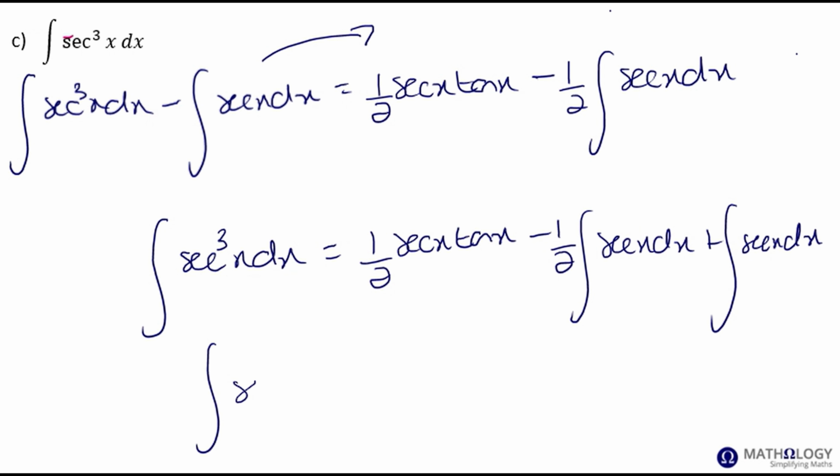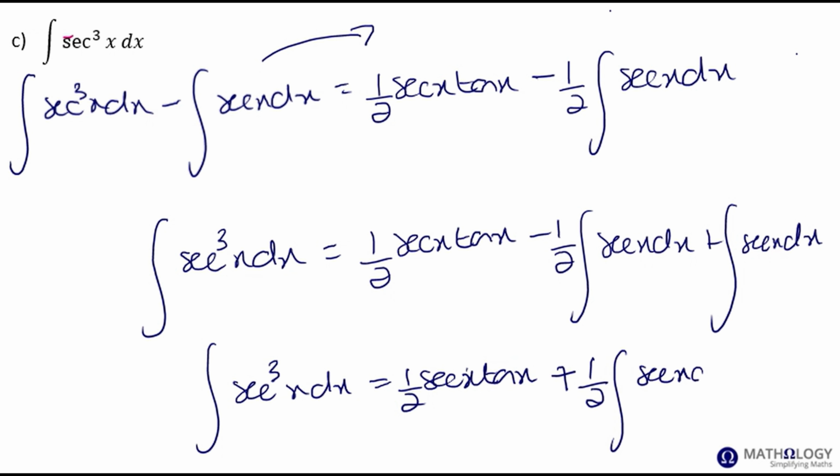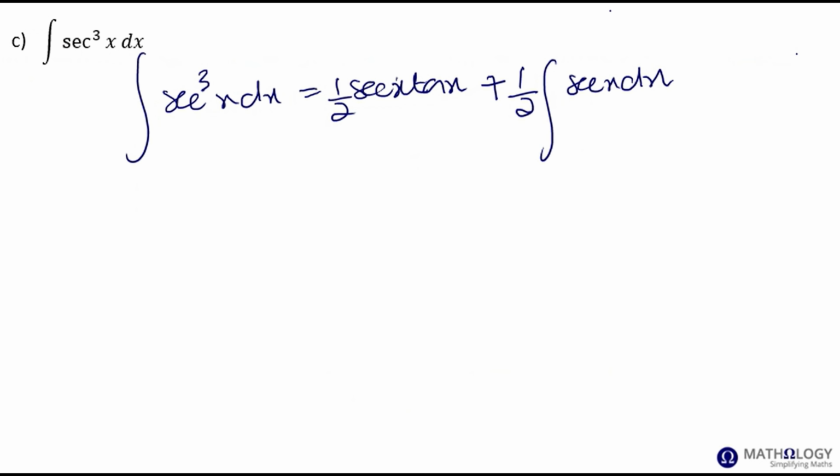So the integral of sec cubed x dx equals a half sec x tan x minus a half of the integral of sec x plus the integral of sec x, which is just going to be plus a half the integral of sec x dx. And finally, we can find the integral of sec x.